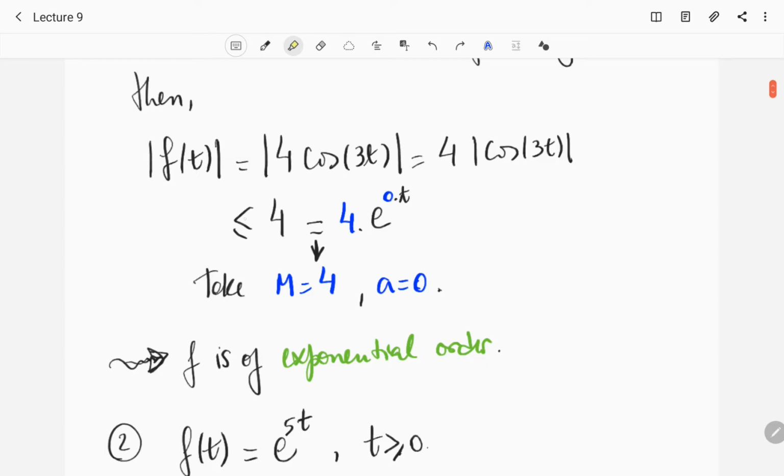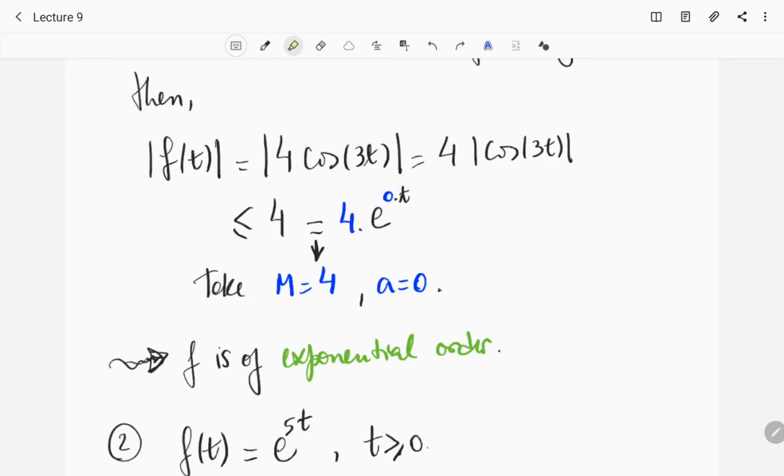So we find a 4 here as an upper bound, and we can think of this 4 as our m equal to 4 and exponential to the power 0 times t, because when we have 0 in the power, then this number becomes a 1.